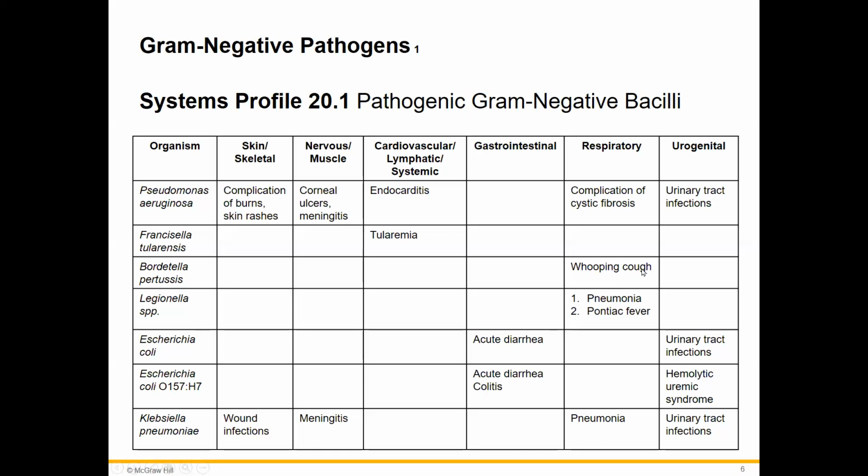Has one pathology really to note, versus others can cause a lot. Klebsiella, wound infections, meningitis, pneumonia, UTIs. So you can see there's some variation. And then we have this separation between E. coli, as in seen commonly in a UTI, versus E. coli, the hemorrhagic form, the O157:H7 form, which is associated with hemolytic uremic syndrome and acute diarrhea that's bloody in nature.